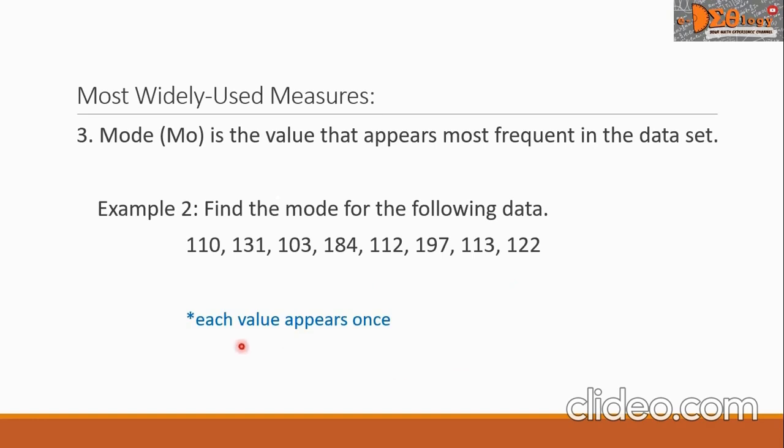We can see that each value appears once. In this case, we will write there is no mode. Take note, do not write mode equals 0, because this 0 is a value that may be part of any data. So this no mode is our final answer.